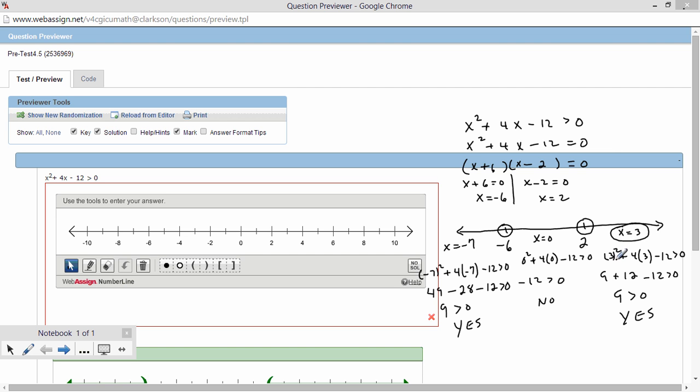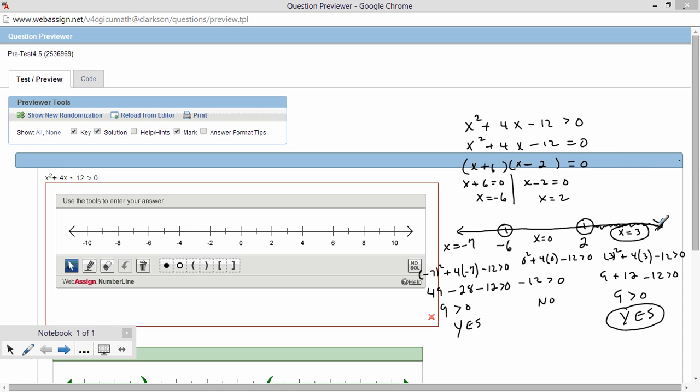So I replace x by 3, and I get 9 plus 12 minus 12 is greater than 0. And of course, when you do that arithmetic, you get 9 is greater than 0, and that's true, so I wrote the word yes right here. In other words, numbers in that interval above 2 are going to work.